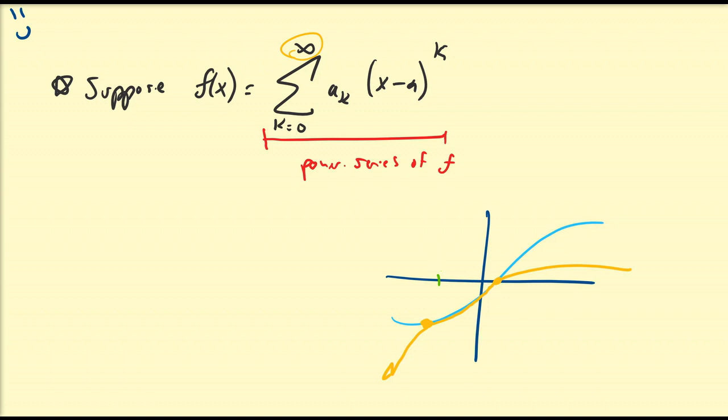Maybe not too close to the number a, but maybe like there. So this region here, if this distance is r and this distance is r, then we say that there's a radius of convergence for this series, and this area is called the interval of convergence.